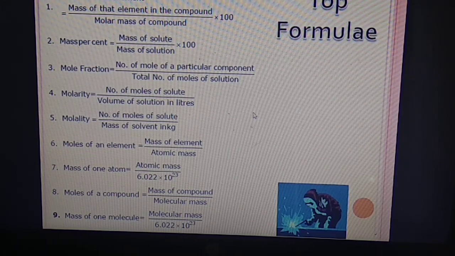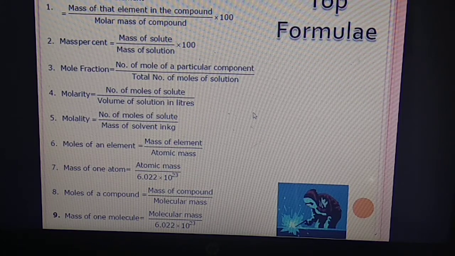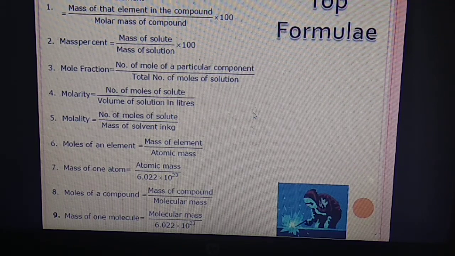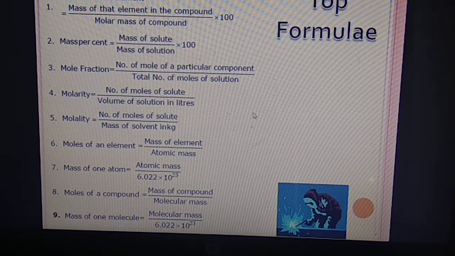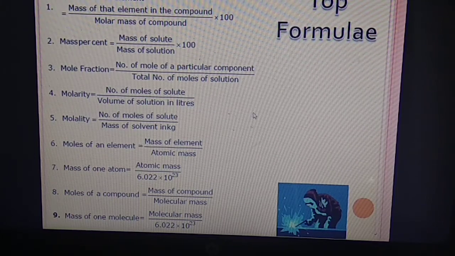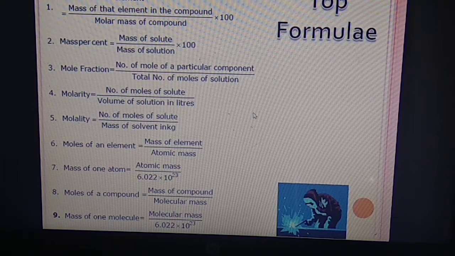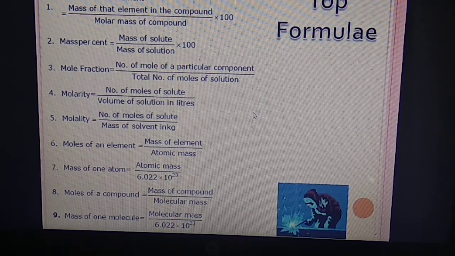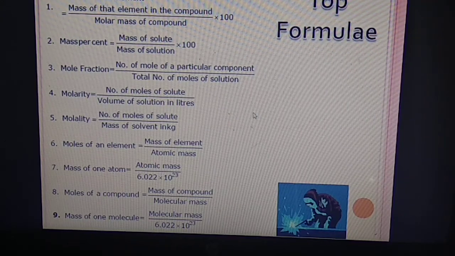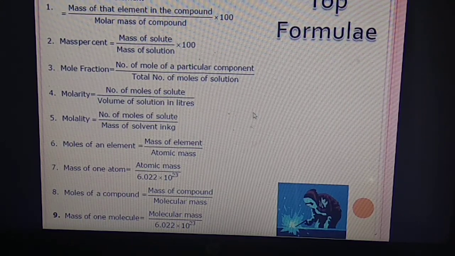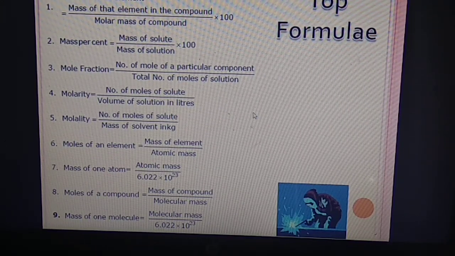So 1 mole of carbon equals 12 gram of carbon, and 1 mole of carbon equals 6.022 into 10 to the power 23 carbon particles. So we can write that mass of 6.022 into 10 to the power 23 carbon particles equals 12 gram. So the mass of 1 carbon particle equals 12 by 6.022 into 10 to the power 23. So mass of one atom equals atomic mass divided by Avogadro's number.